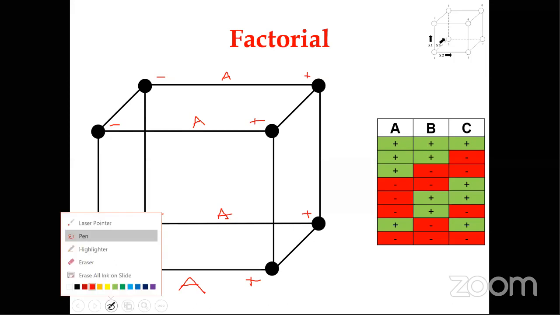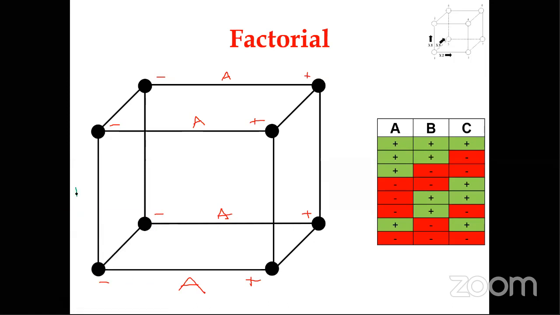Now let us talk about B. Now all vertical lines are B. B minus, B plus, B minus, B plus, B minus, B plus, B minus, and B plus. Now what is the third factor left pending? C. Now all tangential lines are C.